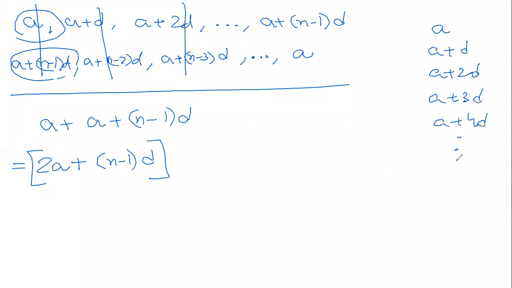It continues and it goes on till A plus n minus 1 D. How many terms are there here? It's not infinite. If it were infinite, there would be dot dot at the last. Aman, you missed 1. Very good, Prachi. N terms are there, na?